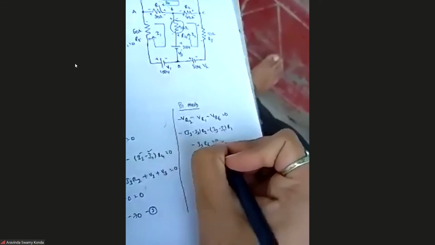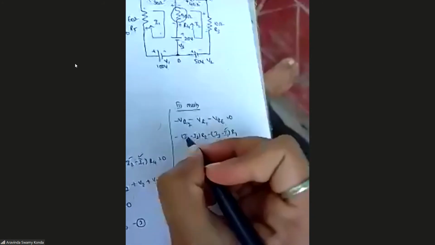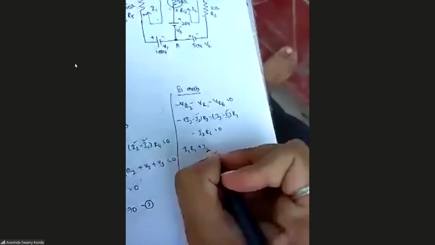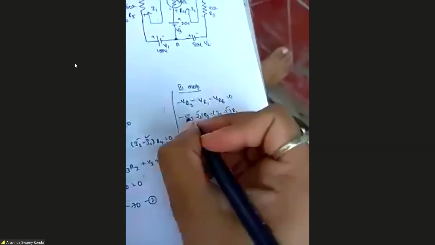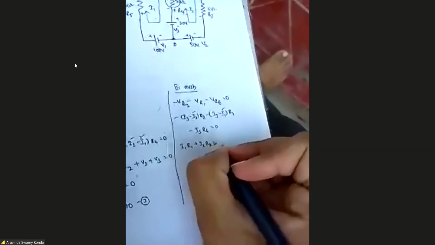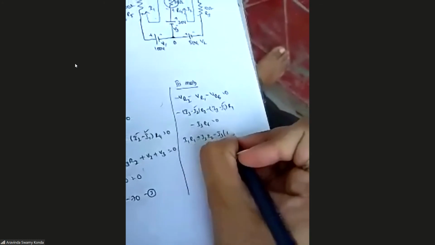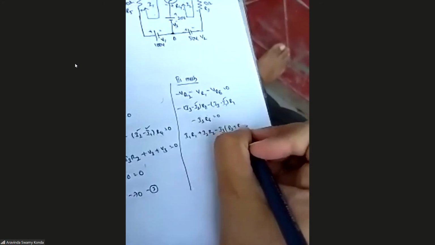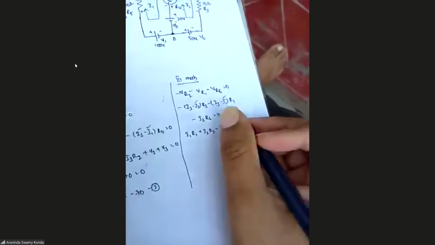So first I1: minus into minus plus I1 R1. Next I2: minus into minus plus I2 R2. Minus into all my I3s having minus, so R2 plus R1 plus R6 equal to 0. What is the R1 value? It is 30.